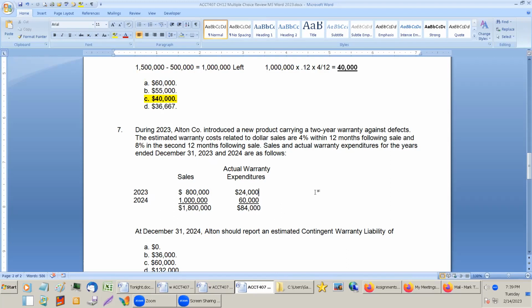I'm just adding up these two percentages.